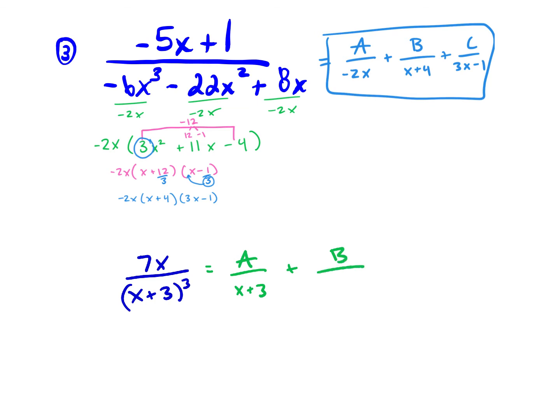X plus 3 squared. Awesome. And then plus C over? X plus 3 cubed. So remember, when you have an exponent on a binomial, you have to have all of the exponents leading up to it. So this is x plus 3 to the first power. Then we have x plus 3 squared and x plus 3 cubed.